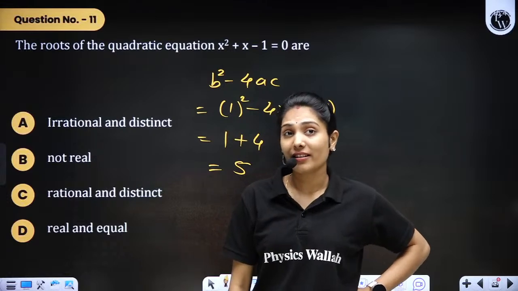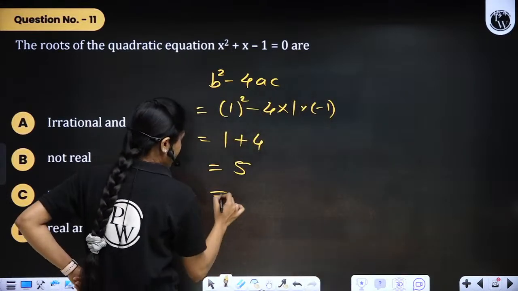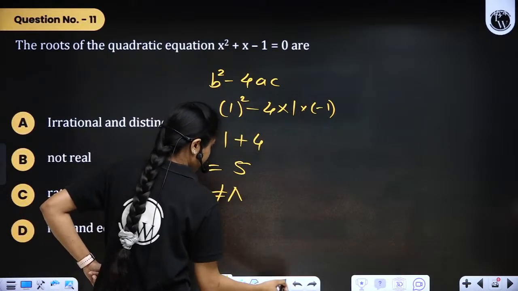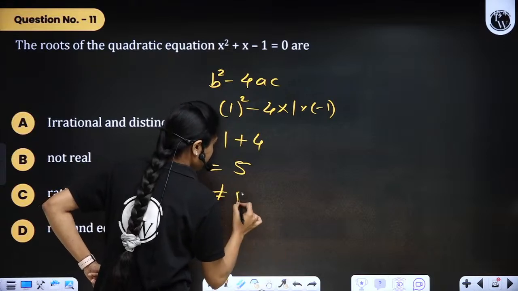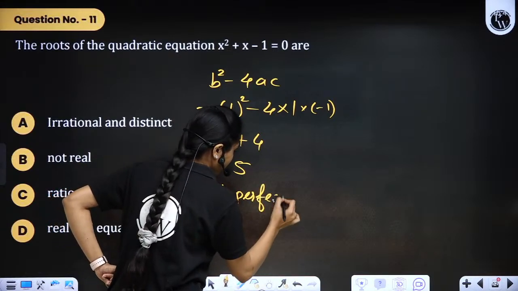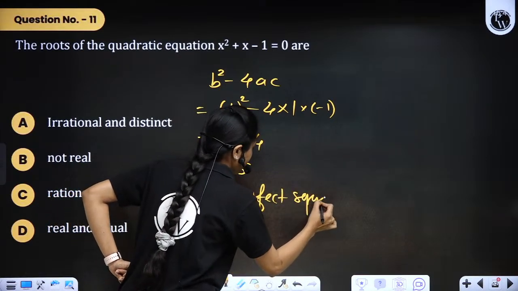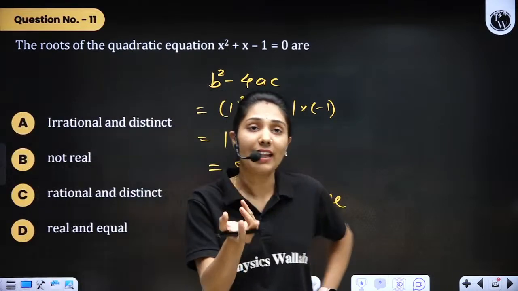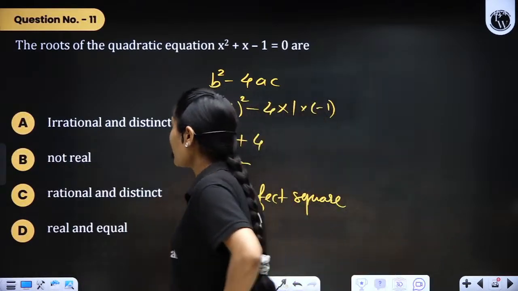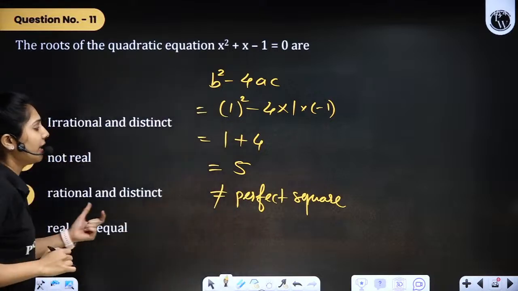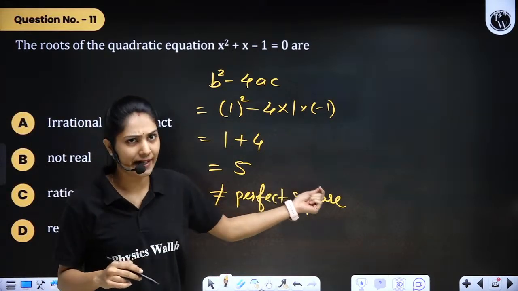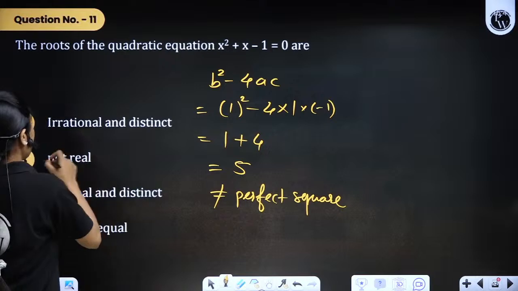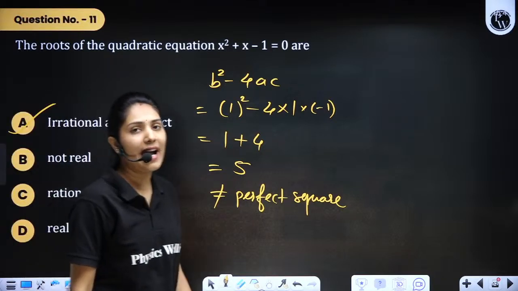You can't, right? This is not a perfect square. Since the value of the discriminant is not a perfect square, for sure we will say that roots are irrational, and the value is positive, greater than 0, and that's why they are distinct. So it's irrational and distinct.